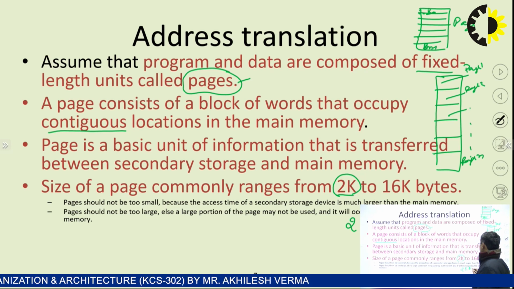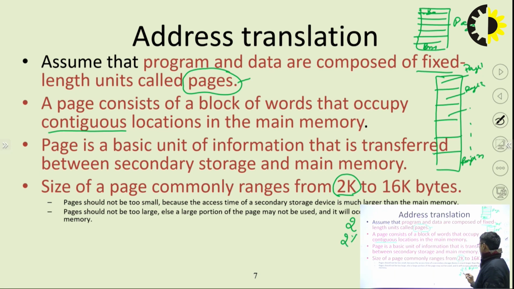How many bytes are there in 2 kilobytes? We can say that 2K is basically 2 raised to power 10, and we know that 2 raised to power 10 is 1024.